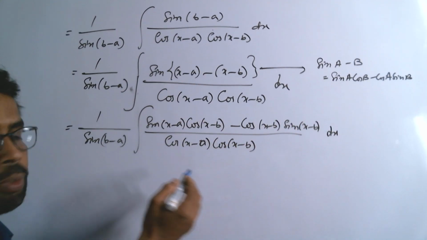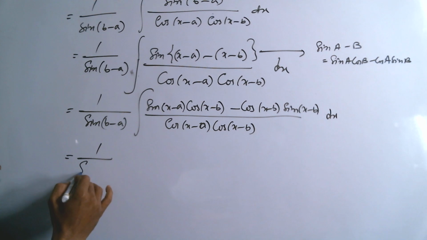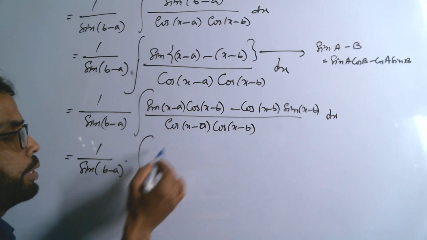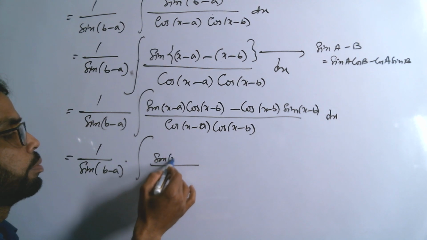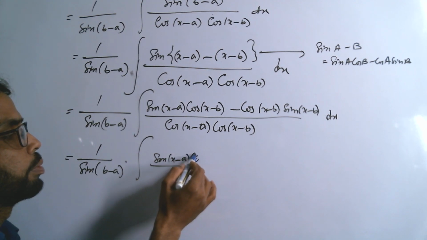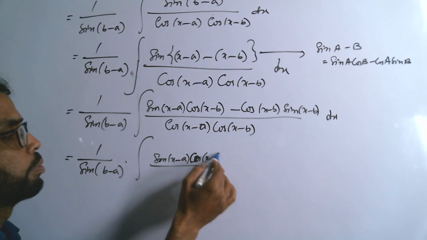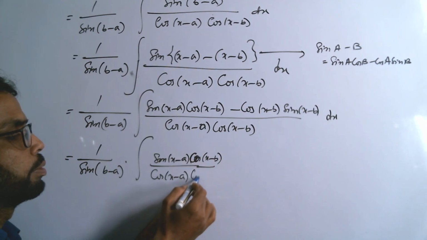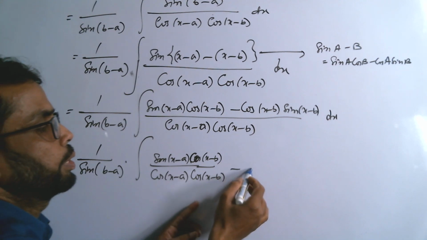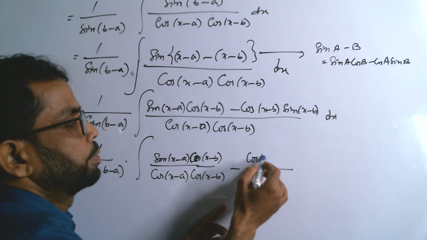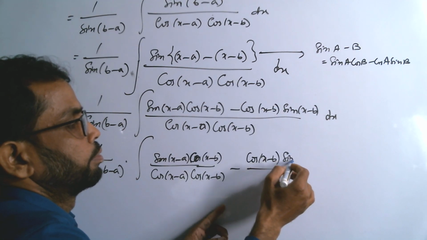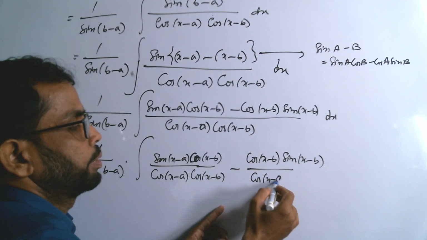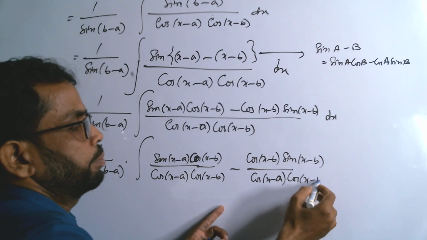We will split it into two, first by the denominator minus second by the denominator, divided by the denominator cos x minus a into cos x minus b.